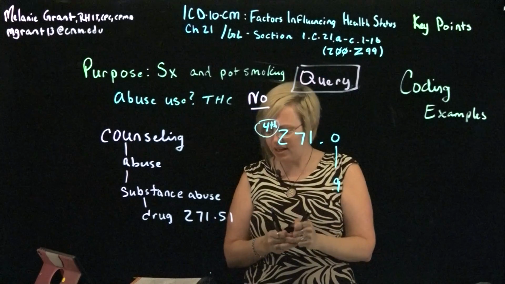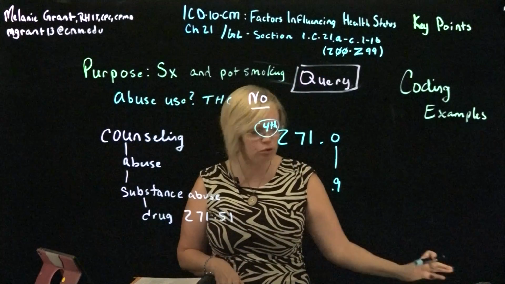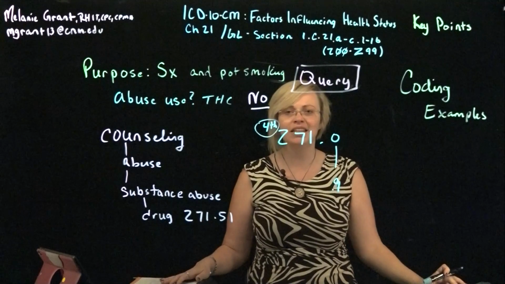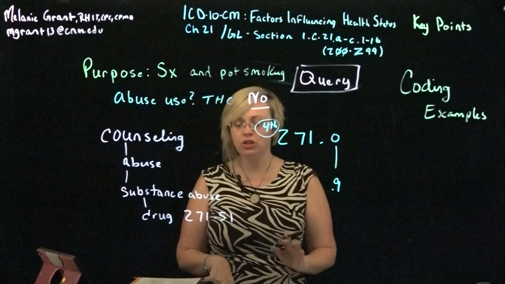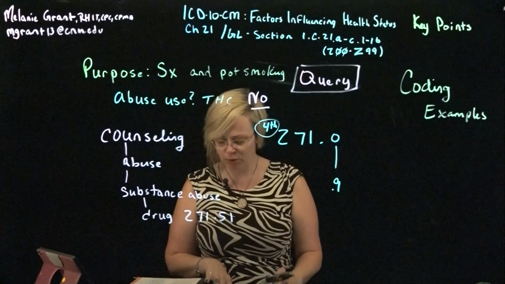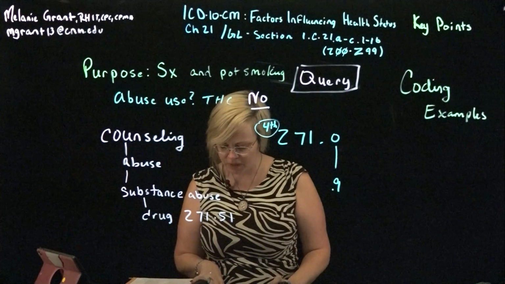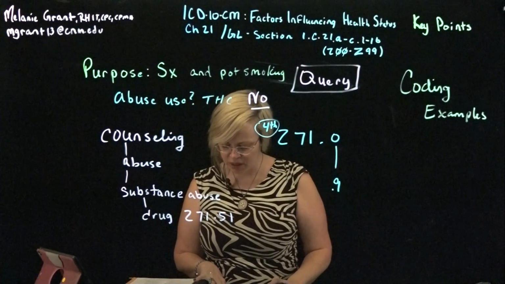Because the provider did not identify the patient as having either abuse or use, we can't list patient with marijuana abuse or use. So we do need to verify that that would be appropriate for us to list along with the information.